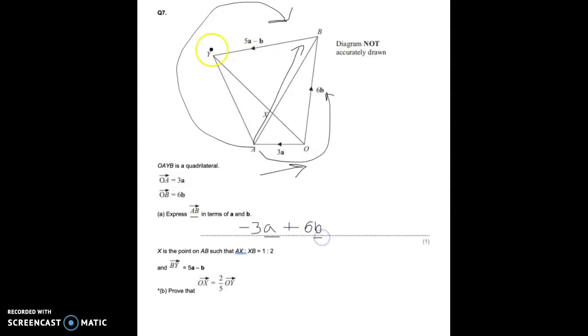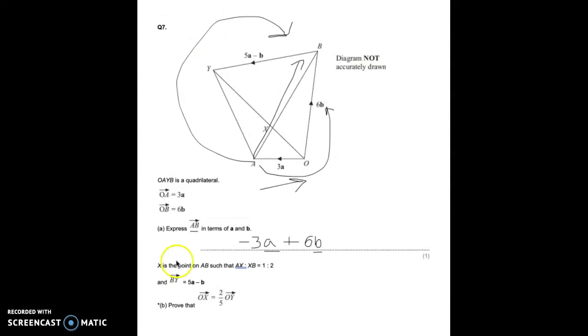So part B is asking us to prove that OX is 2/5 of the vector OY, and it says here that X is the point on AB such that AX to XB is equal to the ratio 1 to 2. So from here we can instantly say that AB is comprised of 3 parts, in which AX is a third of AB and XB is 2/3 of AB.